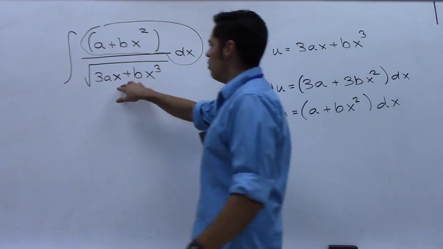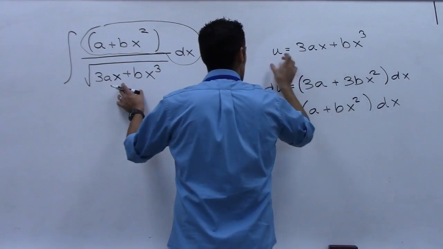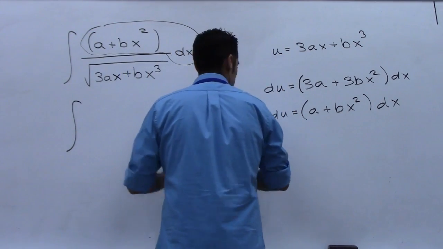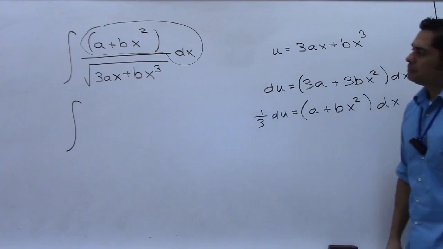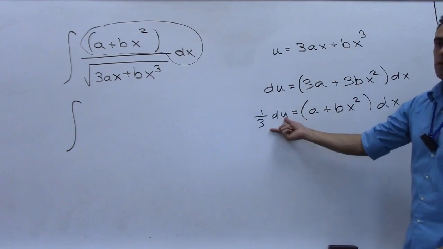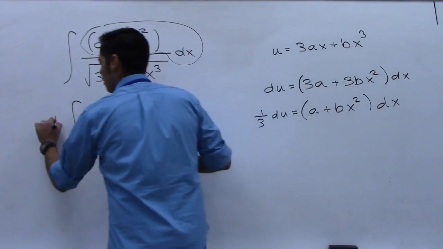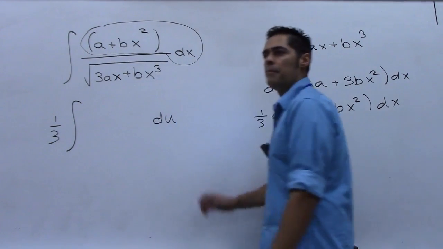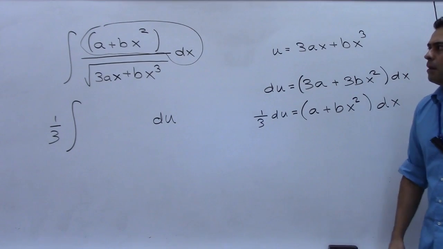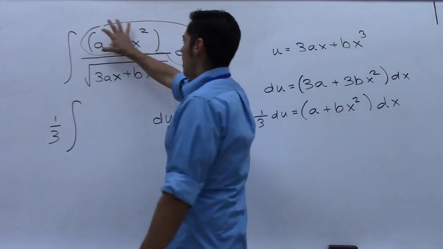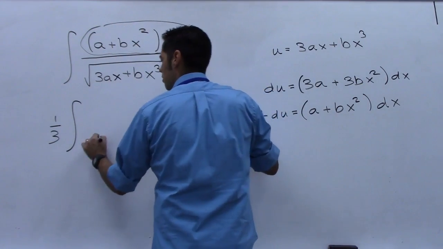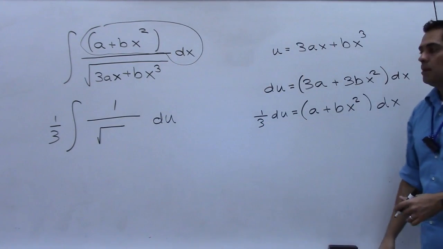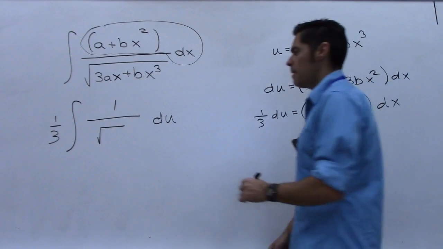And what's underneath the root, the radicand, is going to be my u. How about I do it this way? 1/3 du, and then, since all this stuff has already been accounted for, I need this on the bottom, so square root on the bottom. So I just better put a 1 up there, right? And then just root u.